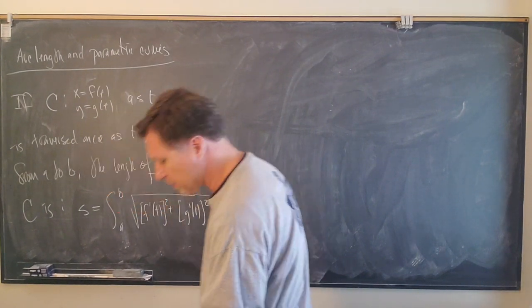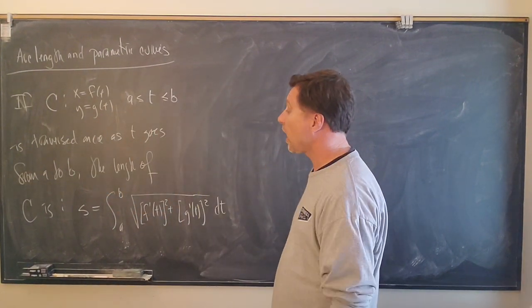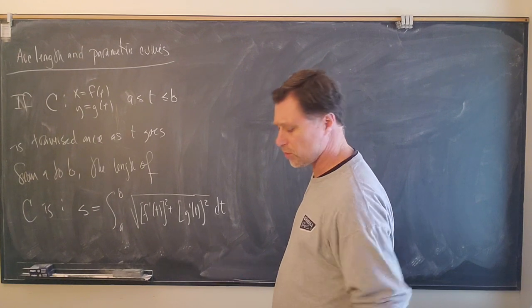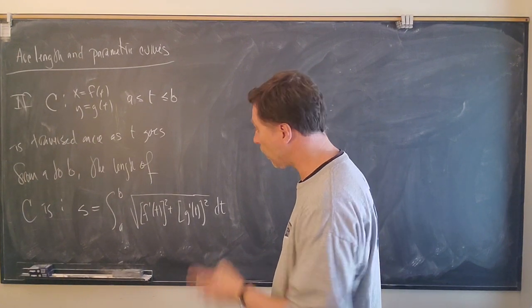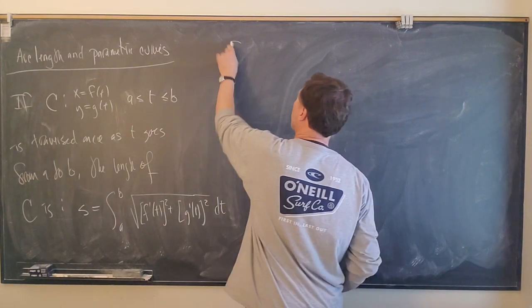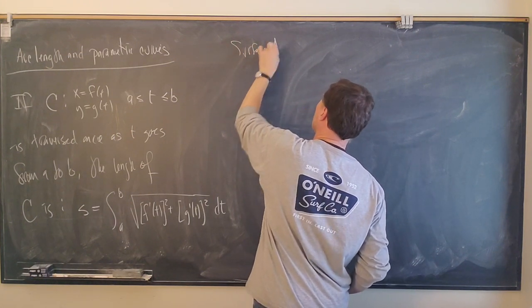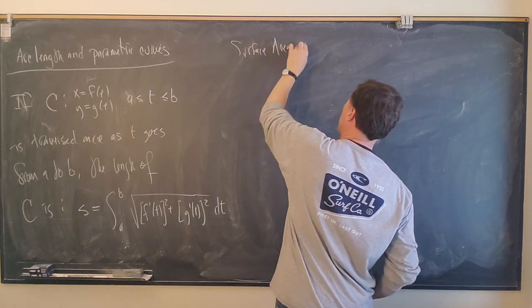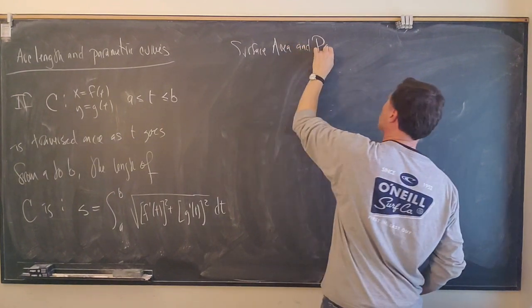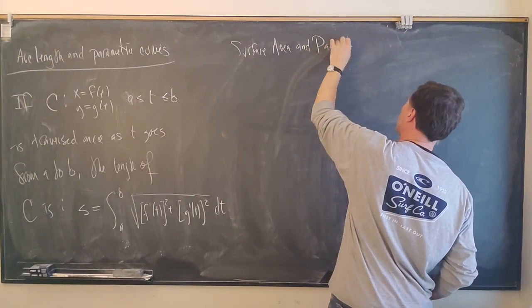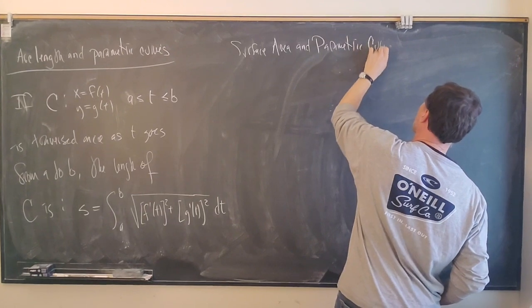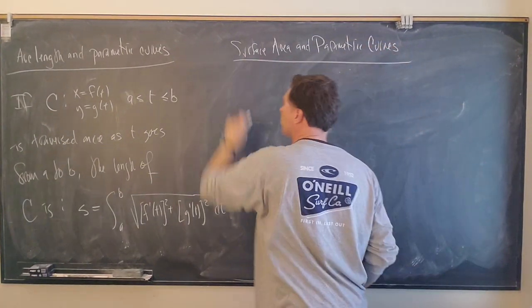You know what? Let me give you one more formula. So this is arc length. I also want to do surface area, and then we'll do an example that involves both of these. So surface area and parametric curves. So here's the idea.